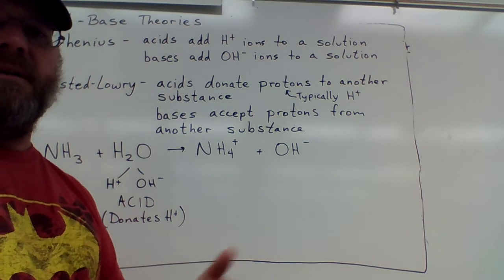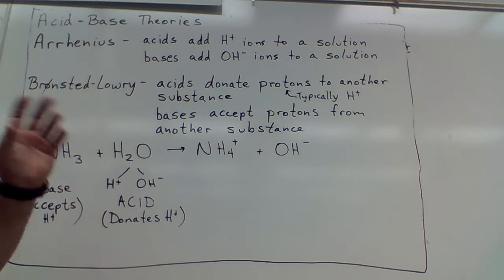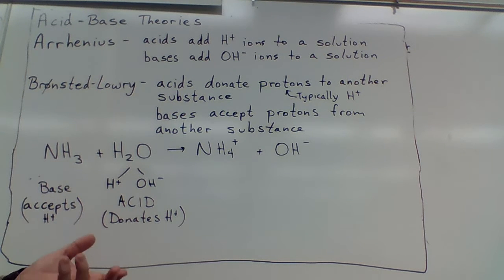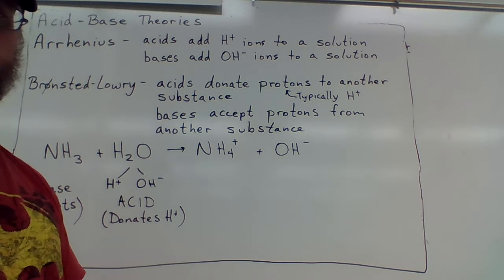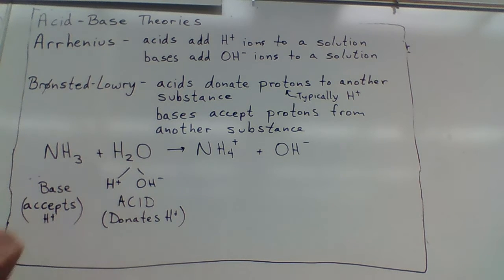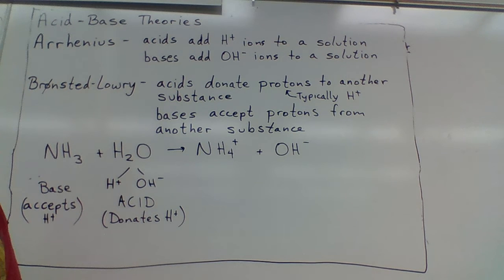What Bronsted and Lowry said is, okay, acids donate protons. Again, protons are typically the H+ ion. They donate it to some other substance, and that substance accepts it or picks it up. This is what we call a base. The Bronsted-Lowry definition of a base is that bases accept these protons from some other substance.